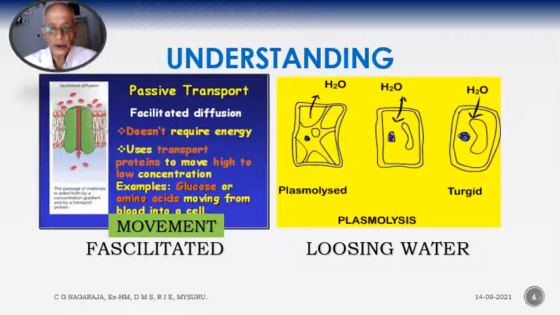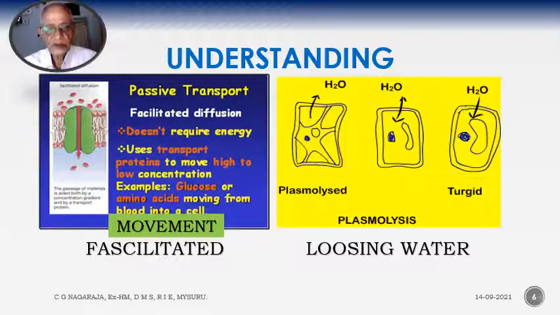I have given you here the example of one in blue color, the other in yellow color. The blue color indicates what's called facilitated movement, and I have shown the diagram inside. The green color is the protein pore present in the plasma membrane.